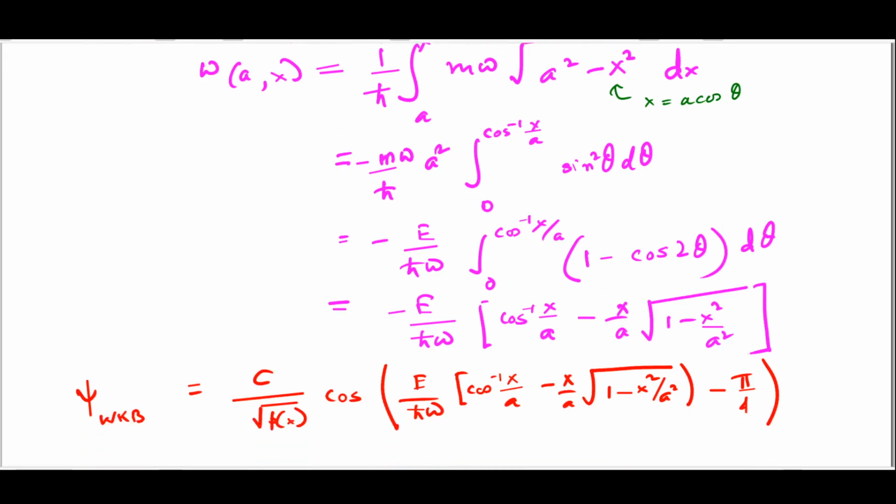The connection is between c by 2 root over p bar, a decreasing exponential on one side, and c by root p, no 2, cosine of mod W a comma x minus pi by 4. So for the mod W, all we have to do is get rid of this minus sign, because we already know that in this case W a comma x is negative. So minus W a comma x is the positive quantity. So this is the WKB wave function on the left hand side of the turning point.